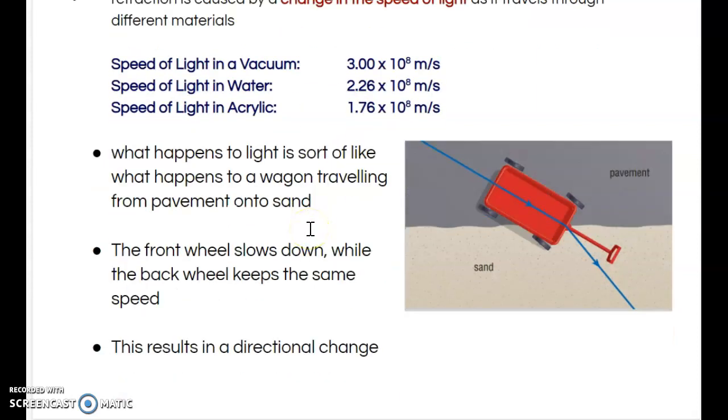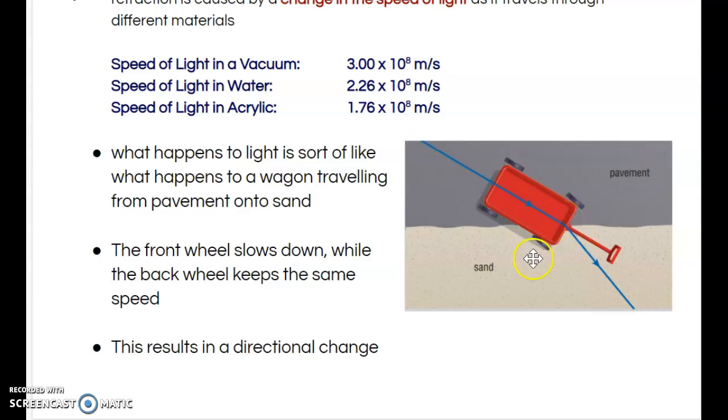You can think of refraction as if you were pushing a wagon from pavement onto sand. You would expect that wagon to slow down when it hits the sand, right? Because it's not rolling as well. So what happens if you push this wagon on an angle towards the sand? You have your incident angle.